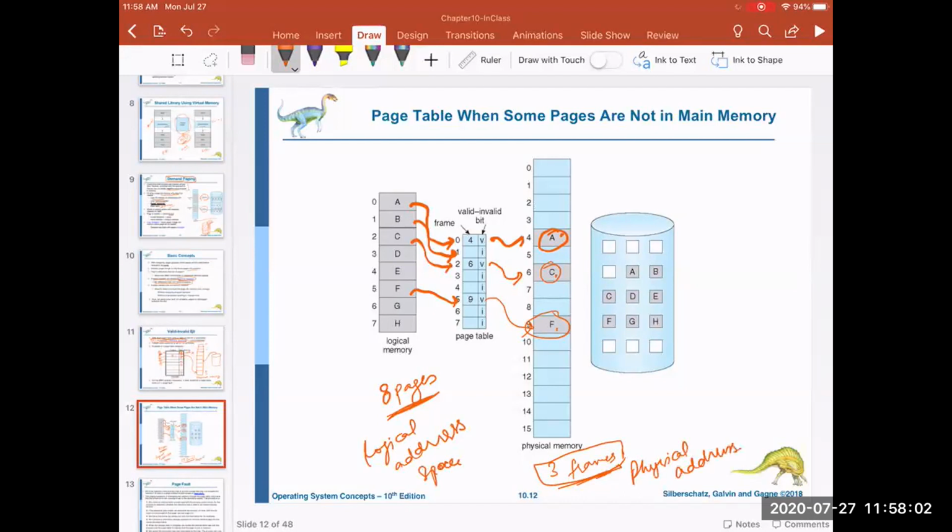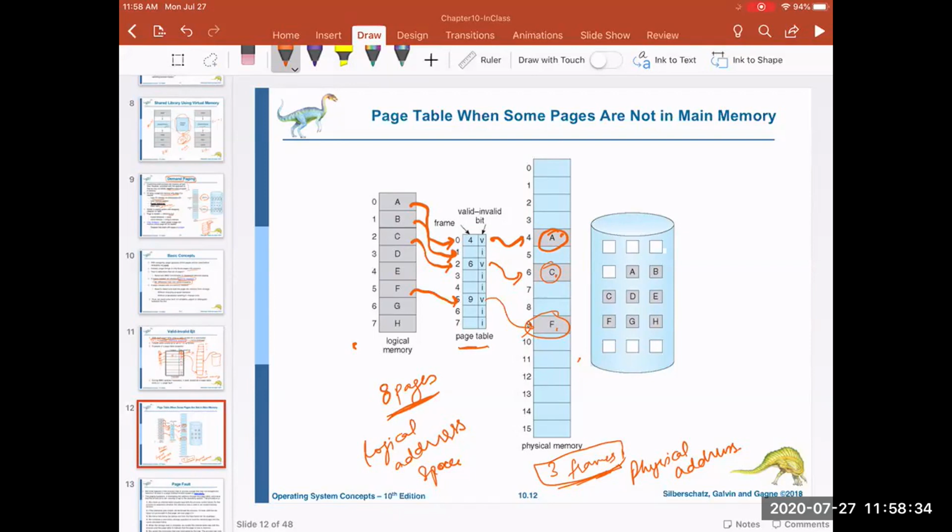Rather than bringing all pages into respective frames, we bring in only the 3 pages needed or asked for by the CPU. Whatever I demand is fetched from the secondary memory, nothing else. So this page table is able to distinguish between what is available and what is not.